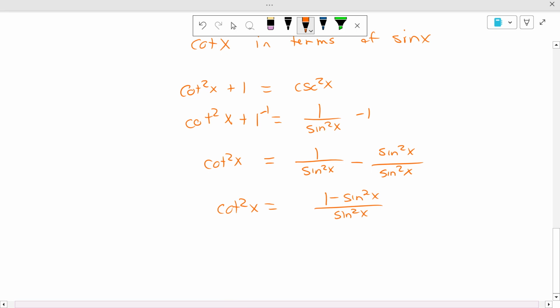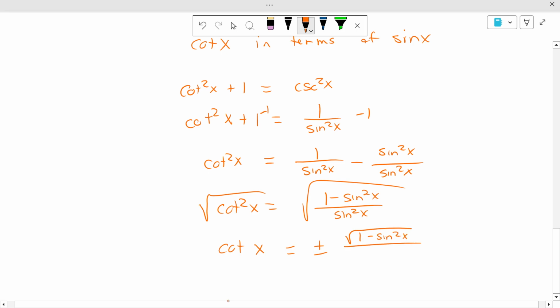Now, I have cotangent in terms of sine, but it's cotangent squared and sine squared. So at this step, I'll take the square root of both sides. Square root of cotangent squared is cotangent of x. The square root of the top is just the square root of 1 minus sine squared of x. But the square root of sine squared is just sine of x. And this is how we would leave it.